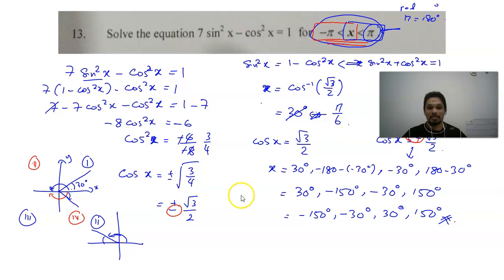So this is negative 5 pi divided by 6, negative pi over 6, pi over 6, and 5 pi divided by 6. Change everything into radian because the question gives x in pi or radian.